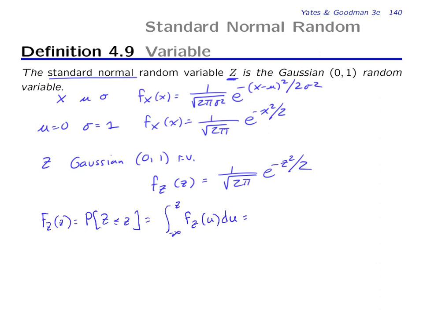And this we can write in the following form: minus infinity to z e to the minus u squared over 2 du. This integral looks pretty simple, but in fact, no matter what you do, whether you try integration by parts or some kind of tricky substitution, it can't be simplified.